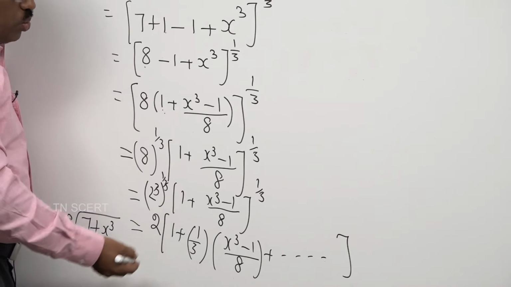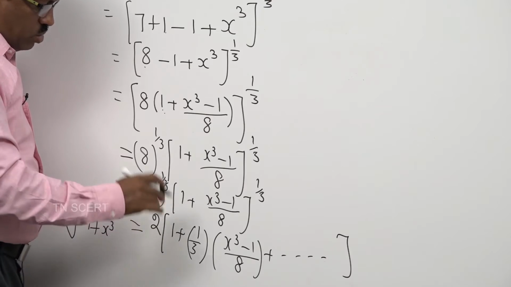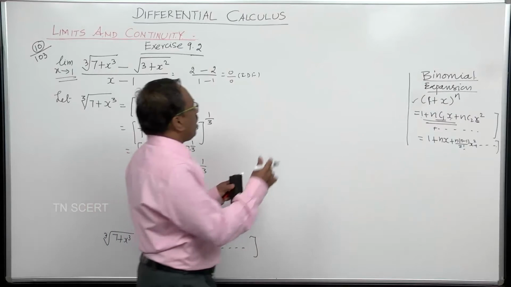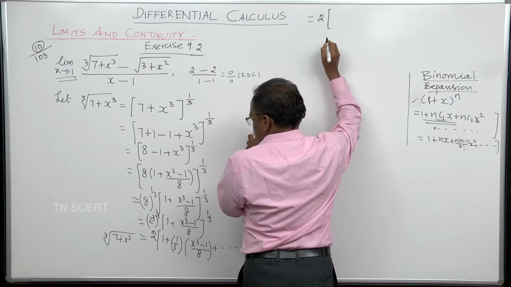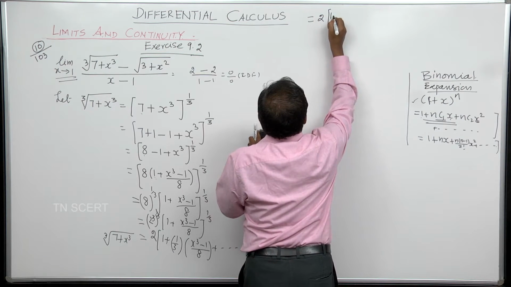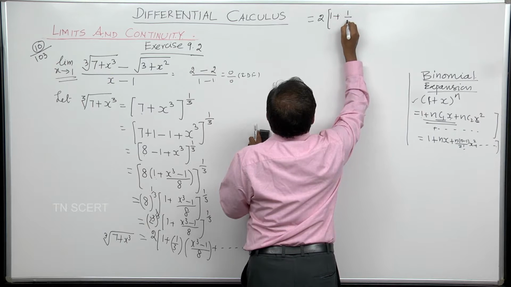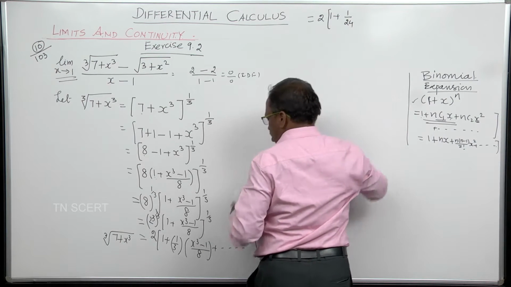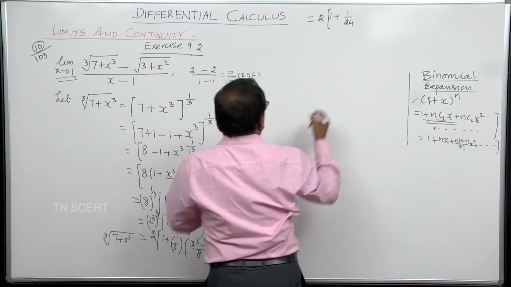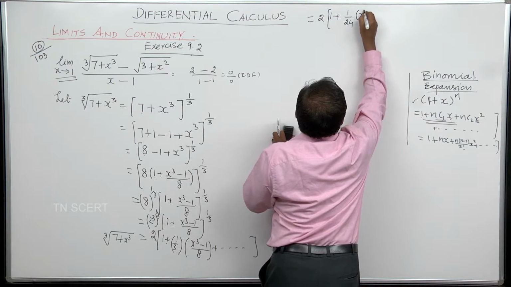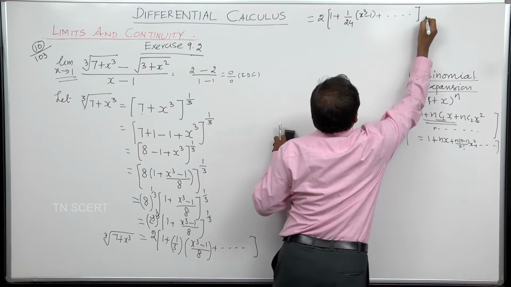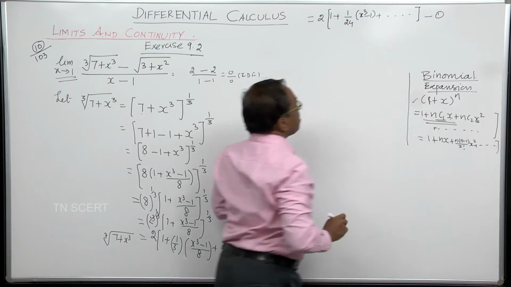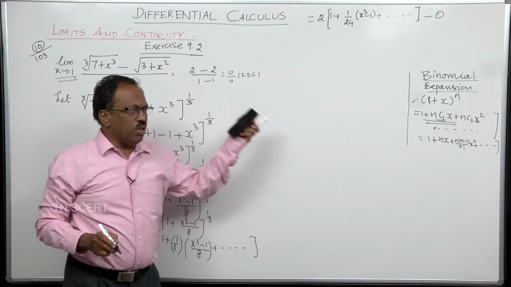We can extend this if you want, otherwise we will just leave it. That is 2 bracket 1 plus 1 by 24, 3 8s are 24, bracket x cube minus 1 and so on. This is 1. We have kept the value like this.